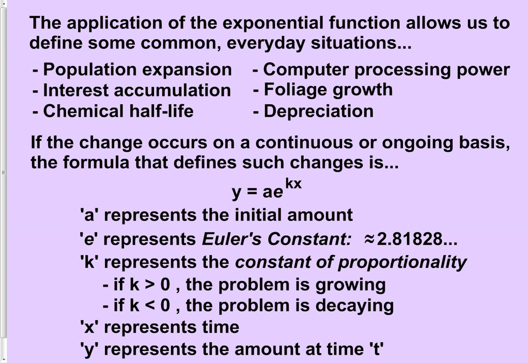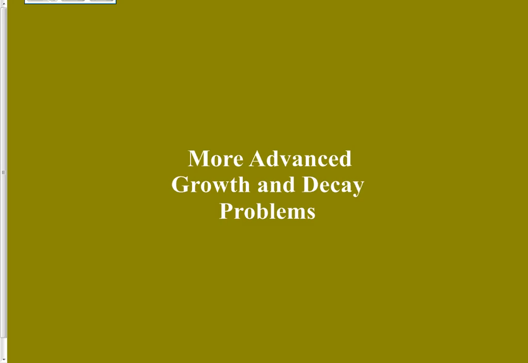Okay, so make sure that when it comes time to figure out that value and plug it in, make sure that 0 is the starting point and adjust towards the negative numbers for decay, adjust towards the positive numbers for growth. X still represents the amount of time that has gone by, and of course the Y side of the equation still represents what the problem will be doing after a certain amount of time has gone by.